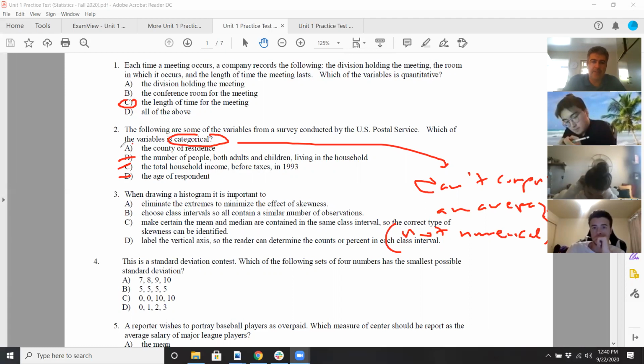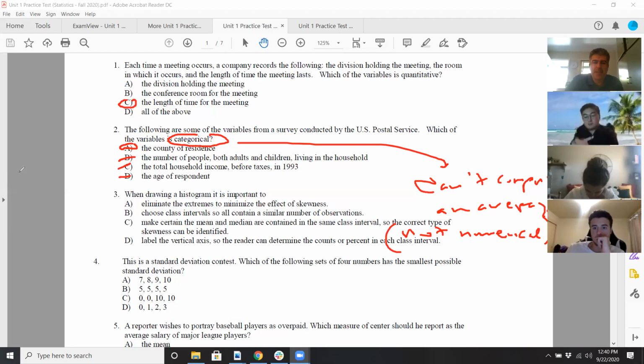But the county is not something you measure, right? Or it's not numerical, like, hey, San Mateo County, Santa Clara County. Now you could figure out how many people live in each county and share that number, but it's not necessarily that you can really compute an average. What is the average county? It doesn't make any sense, right?